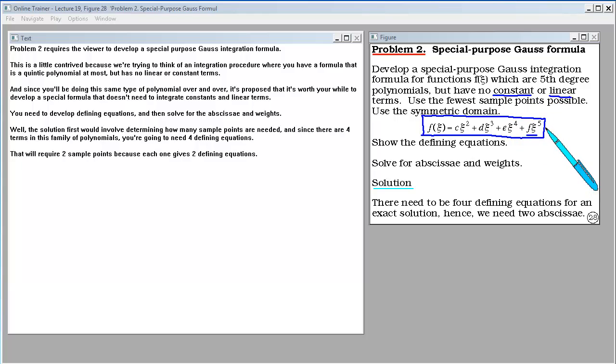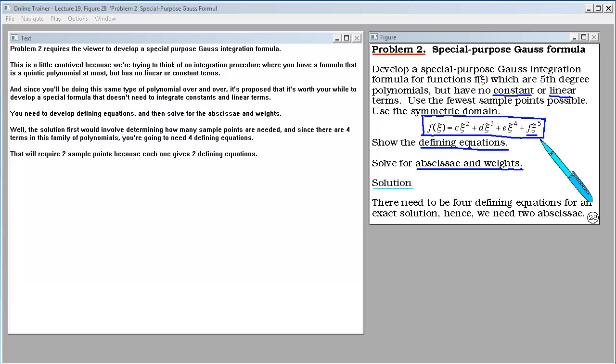And since you'll be doing this same type of polynomial over and over, it's proposed that it's worth your while to develop a special formula that doesn't need to integrate constants and linear terms. You need to develop the defining equations and then solve for the abscissas and weights.